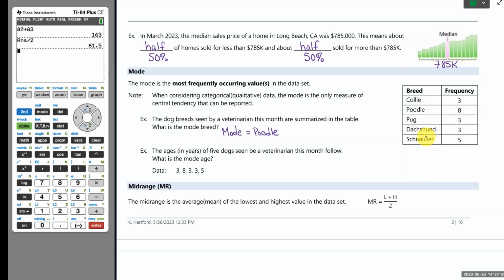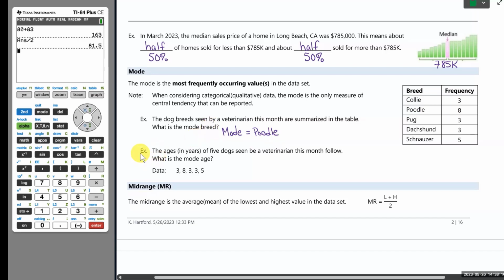Sometimes it's confusing because you'll want to look at the frequencies, and that's not what we're doing here in terms of the answer. The answer isn't the frequencies, it's the breed that the vet saw the most.